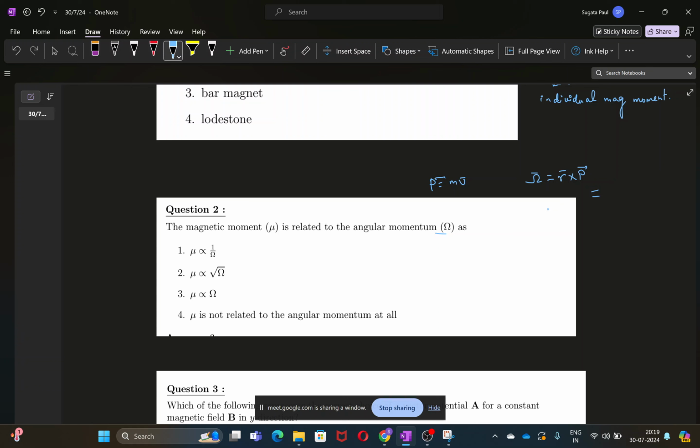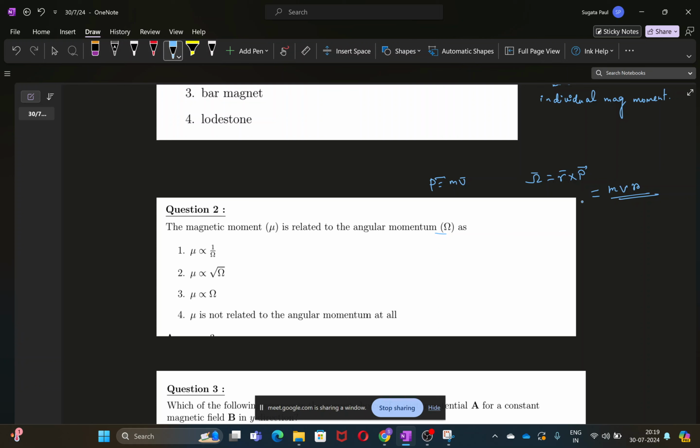So basically it is related to the mass of the material, this r vector cross p vector. If you ignore the vector direction and just consider the magnitude, this is nothing but mvr, where m is the mass of the object, v is the velocity of the object, and r is the distance or position of the object from some reference point.